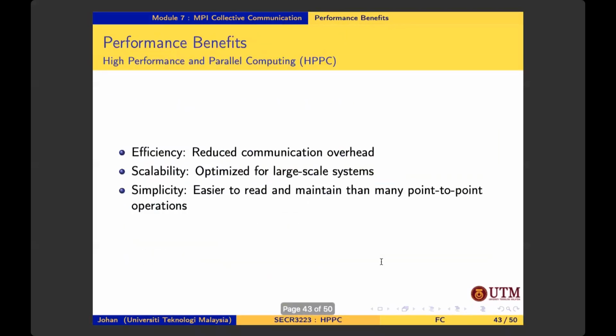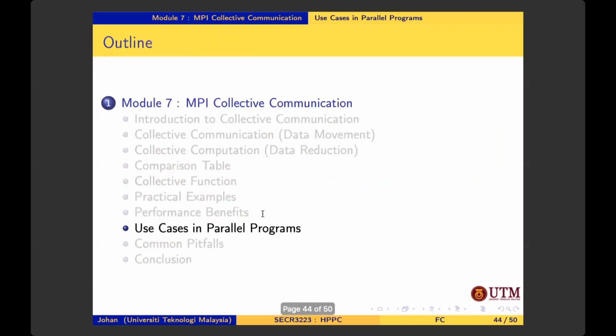So, performance benefits. Through this, we can improve efficiency through reduced communication overhead, scalability through optimization for large-scale systems, and simplicity, as it is easier to read and maintain than many point-to-point operations.